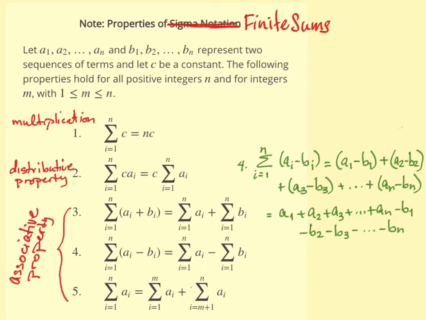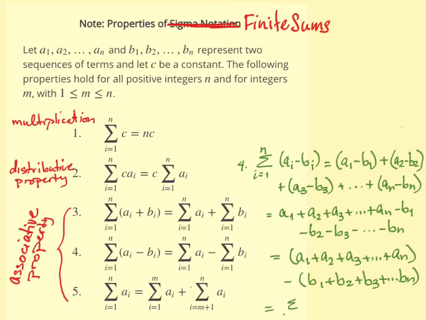And now, using the distributive property on the b's, we can group all the a's together, a1 plus a2 plus a3 up to an, and group all the b's together, but pull the minus sign out front. So it's minus the sum of b1 plus b2 plus b3 plus dot dot dot bn. And now we can rewrite each of those sums using sigma notation as shorthand. So it's the sum from 1 to n of the a_i's minus the sum from 1 to n of the b_i's. And that's it.